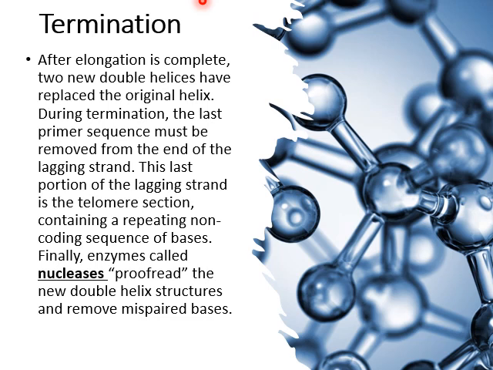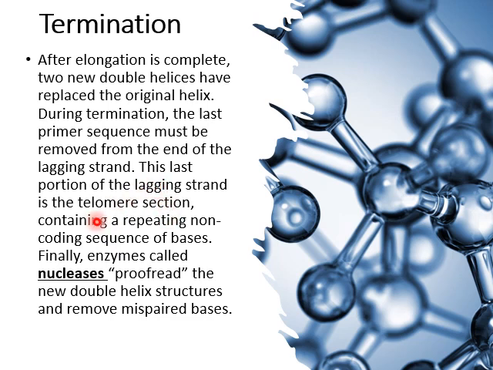This process happens when the DNA polymerase reaches an end of the strands, and at this moment the primase, which is the primer, must be removed from the lagging strand, and also the nuclease, which is an enzyme, does what is called proofreading. The proofreading means it begins to check for errors and remove any mispaired bases.